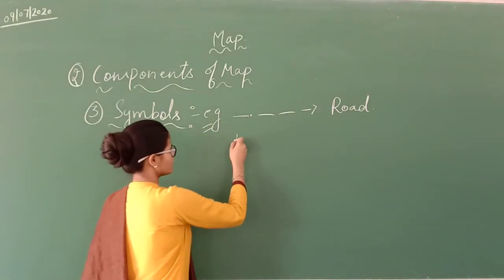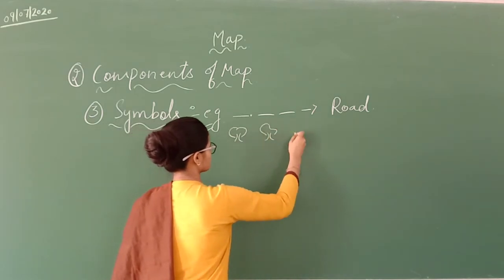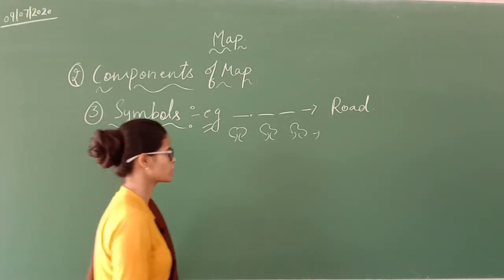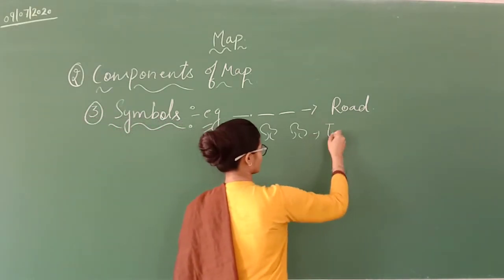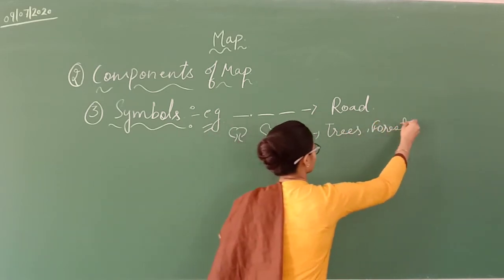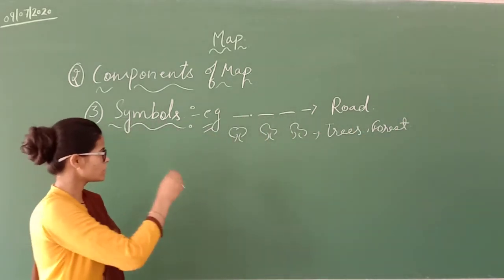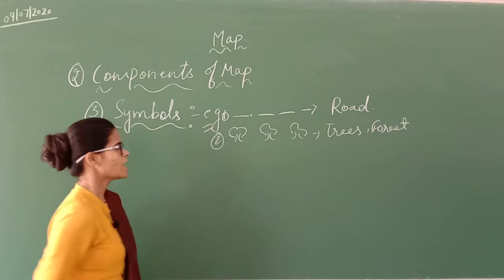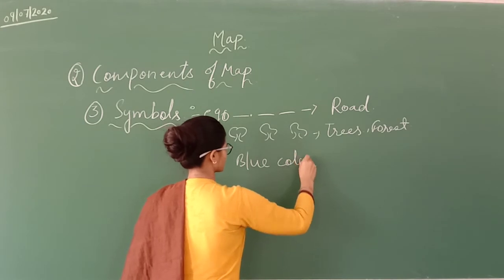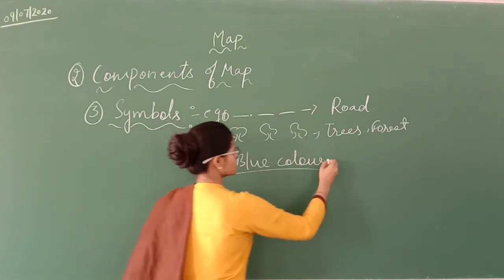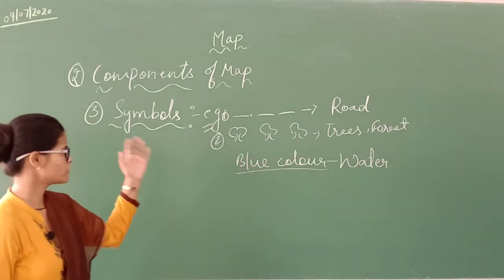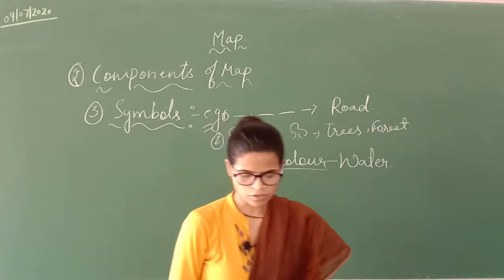And if you have drawn it like this, that means we are talking about forest, or trees, that at that particular place we have these things. Then we also have blue color on the map. This blue color denotes water. So these are some of the symbols I have written.